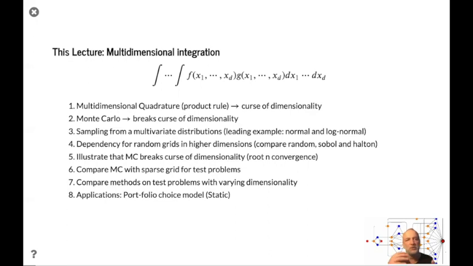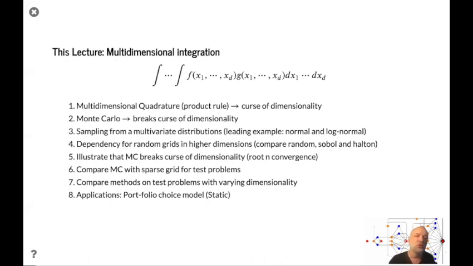There you would need to take expectations with respect to two stochastic variables. In that case, the integral of interest really looks like this, because it's an integral of the value function or utility function, a static problem, weighted with the density of the stochastic variables x1 to xd, in that case the interest rate and the income shock, and then integrated over the support of those distributions.